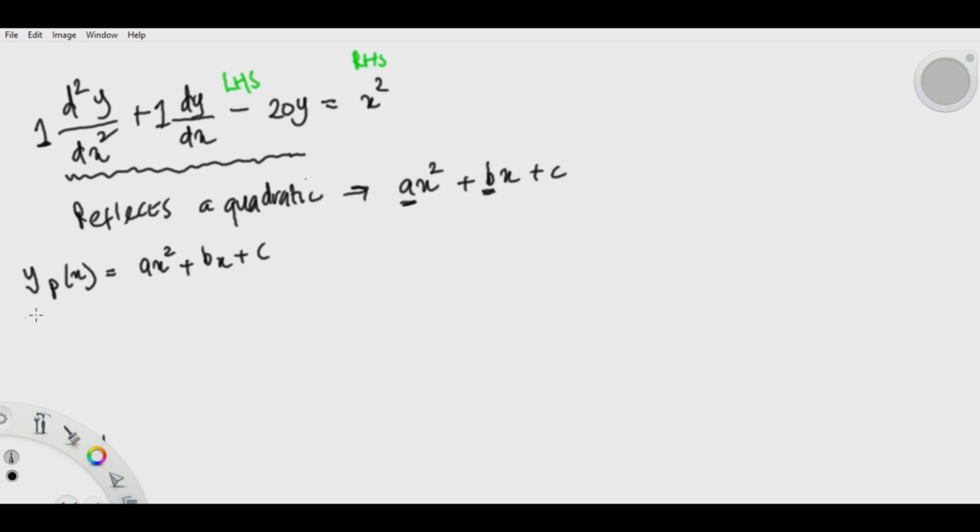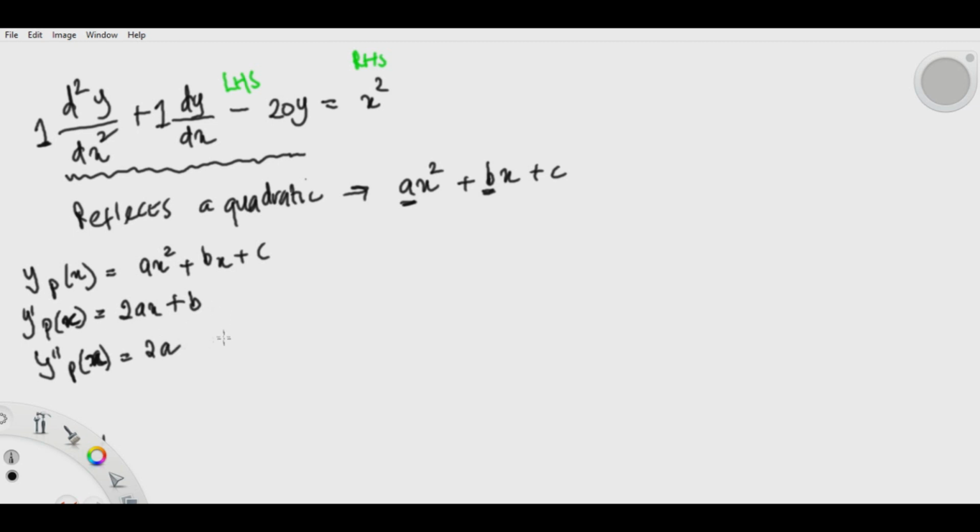Now if I take this and differentiate it once, what I get is 2ax plus b. And if I differentiate it again, so it's a double differentiation, I get 2a.